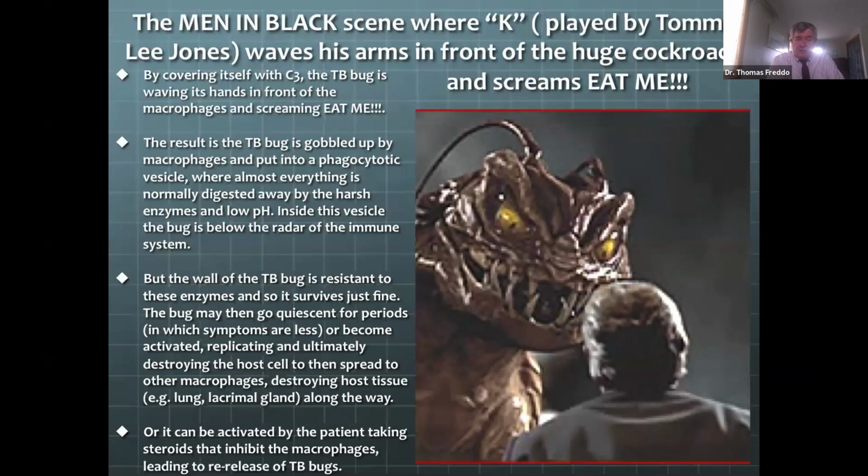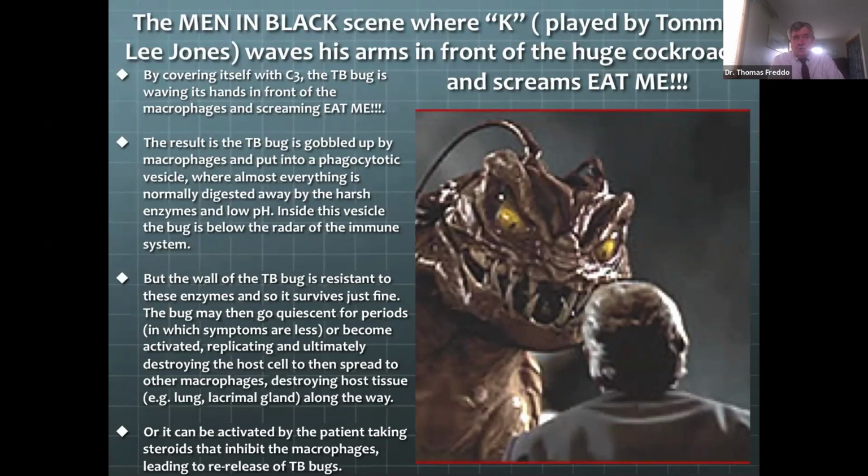But basically what's happening with the bug, meaning the TB bug, is that by covering itself with C3, the TB bug is basically waving its hands in front of the macrophages and screaming, "Eat me." And the result is that the TB bug gets gobbled up by macrophages and, as you'd expect, gets tucked away in a phagocytic vesicle, where almost everything is normally digested away by the harsh enzymes and low pH.